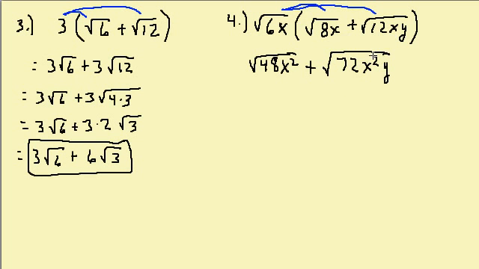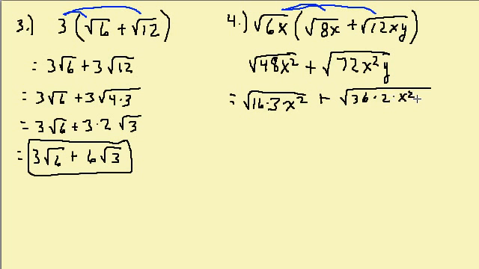Now I need to simplify these radicals. So this is the square root of 16 times 3 times x squared plus square root of 36 times 2 times x squared times y. So the square root of 16 is 4.